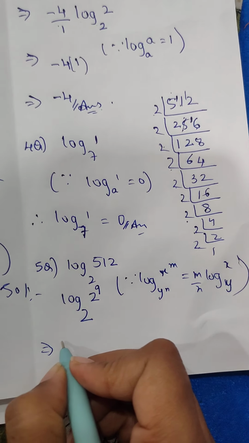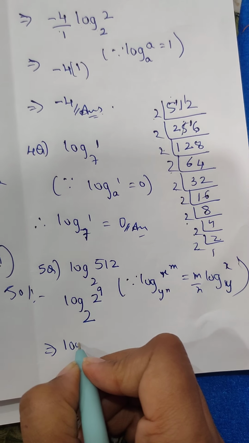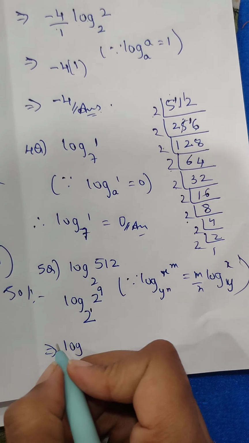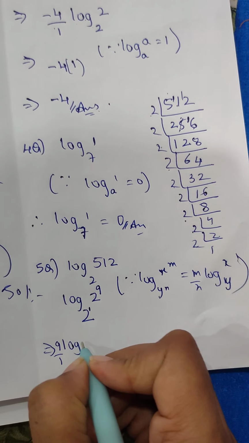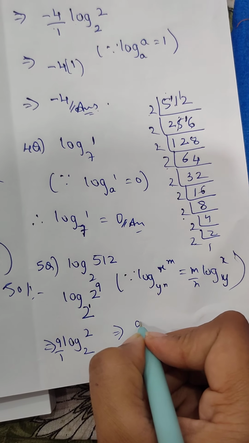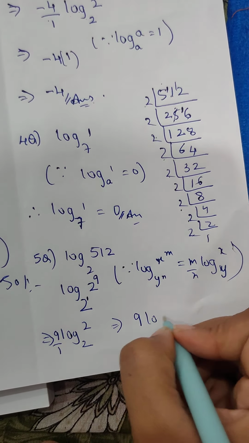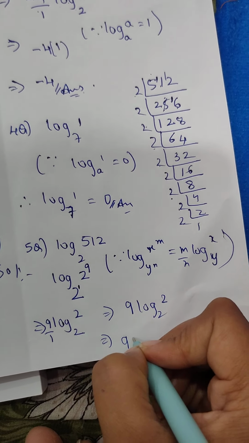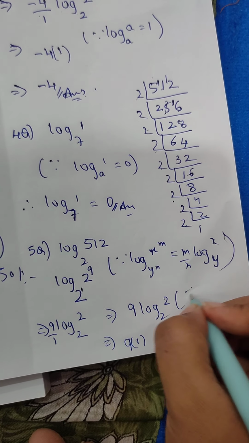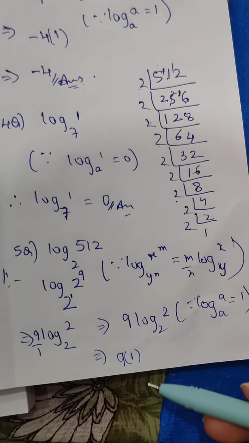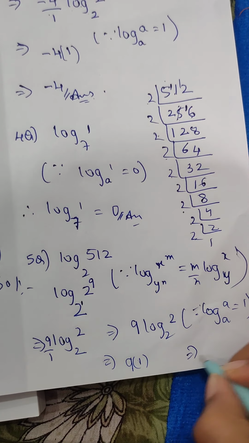The powers are 9 by 1. So 9 by 1 log, base is 2 and x value is 2. So 9 by 1 is 9. Log base 2 of 2 is nothing but 1, by the formula log a base a is equal to 1. So 9 into 1 is nothing but 9. The answer is 9.